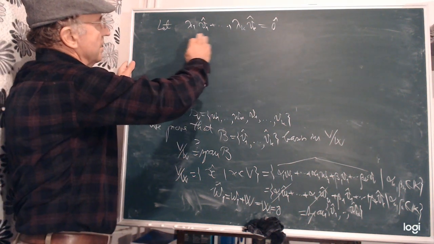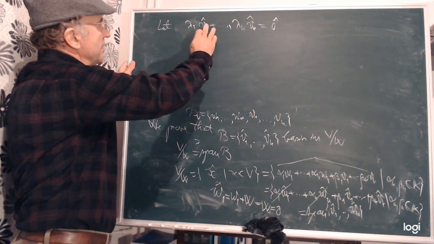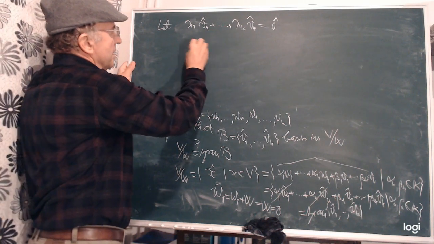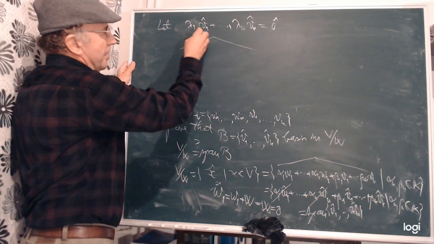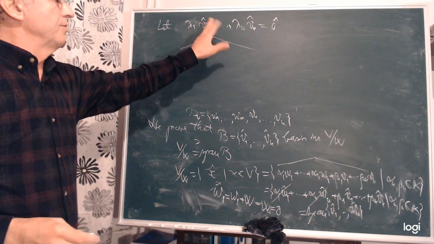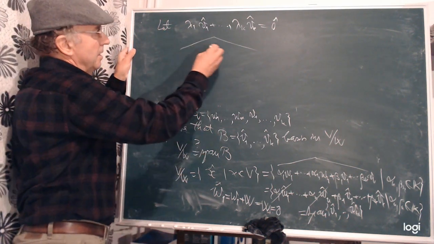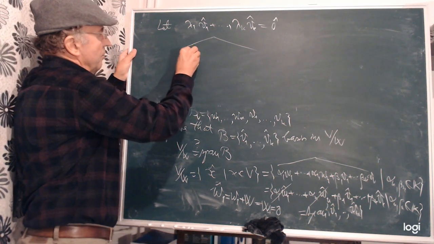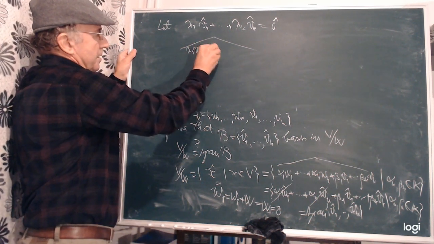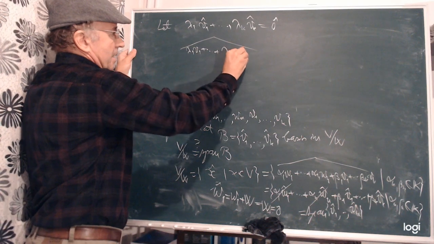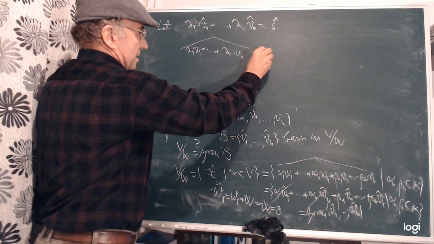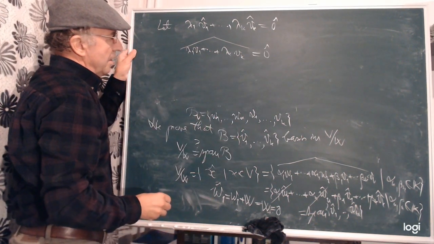Using the vector addition and scalar multiplication in our vector space, this is the class of lambda 1 V1 plus lambda k Vk, and this class is the class of 0.